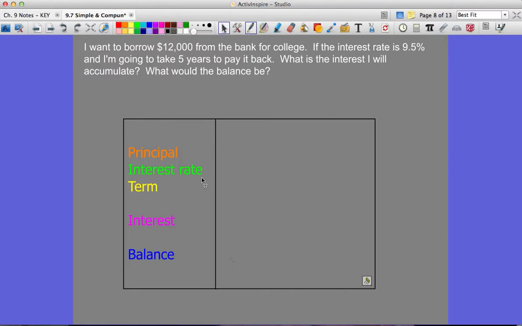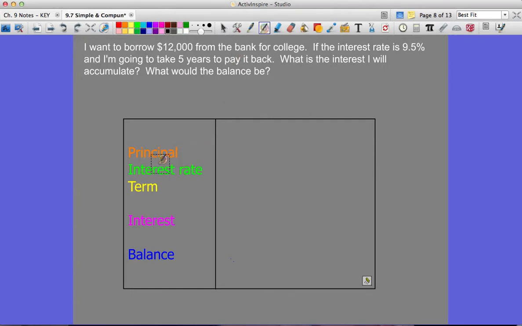I want to borrow $12,000 from the bank for college. If the interest rate is 9.5% and I'm going to take 5 years to pay it back, what is the interest I will accumulate? And then what would the balance be? This is a two-part process. You do have to find the interest first and then the balance.